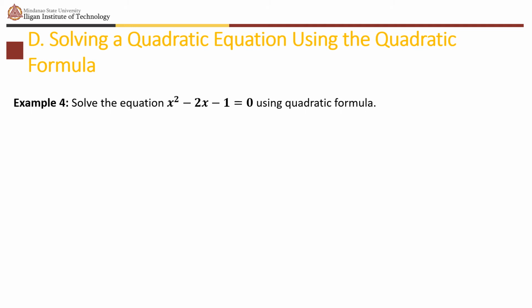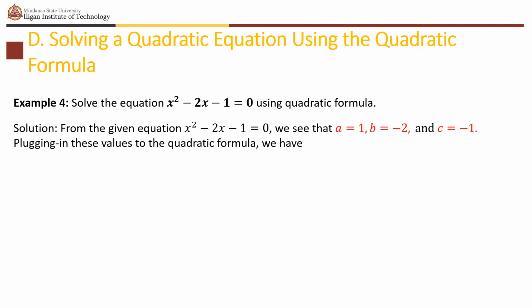Solve the equation x squared minus 2x minus 1 equal to 0. From the given equation, we see that a is already equal to 1, b equals negative 2, and c equals negative 1.